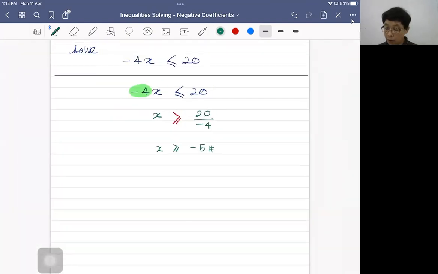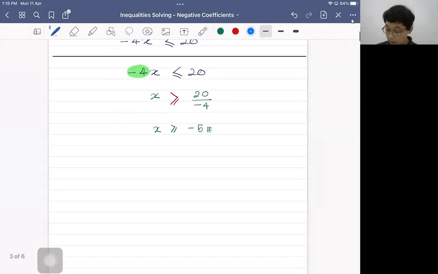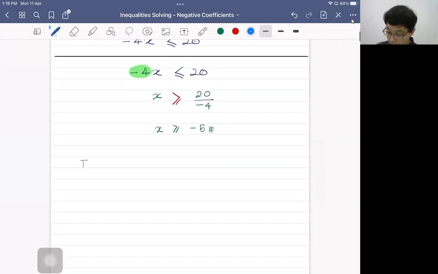So if you want to make more sense of your solution, let's do some illustration or test it out. Let's take, for example, x bigger than negative 5, and put in some number that's correct for that. Let's put in negative 2.